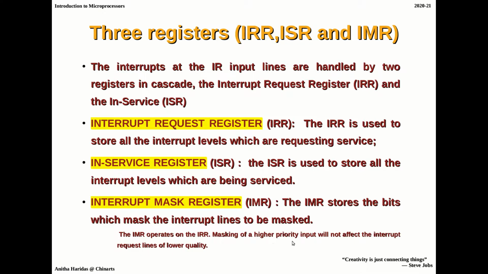Masking of a higher priority input will not affect the interrupt request lines of the lower priority. So the interrupt lines can be masked, so that whenever you mask a particular bit in the interrupt mask register, the corresponding device interrupt will not be accepted by the CPU. That is the purpose of masking the register.